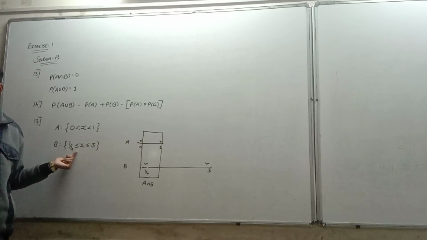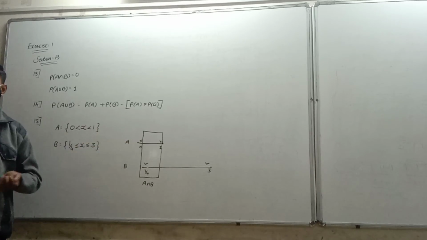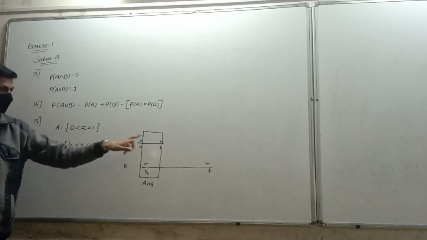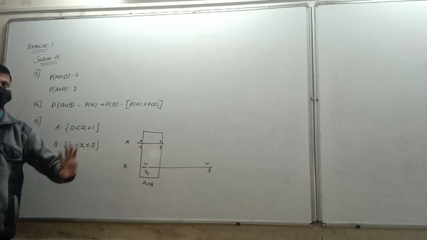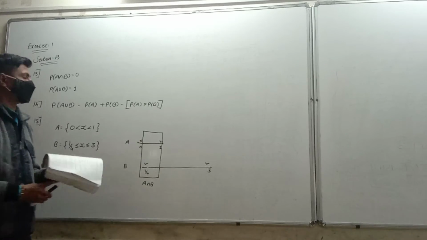Event A, 1 is including or not including? Not including, cross. Event B, 1 is including or not including? Including. So how will you write the answer?